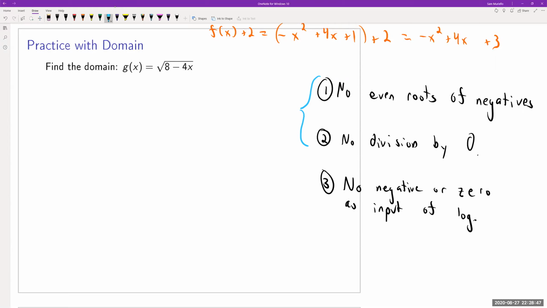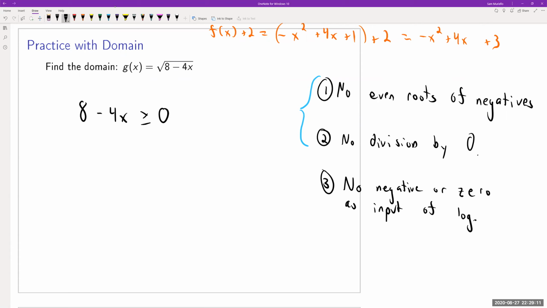So whenever you're looking at a function, what you want to say is, am I taking the even root of a negative number? Am I dividing by 0? What x values would make those things happen? In this problem, for example, this root contains 8 minus 4x. That means that since this is an even root, a square root, 8 minus 4x must be greater than or equal to 0.